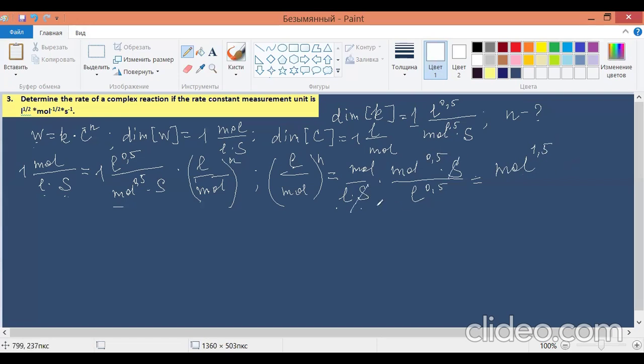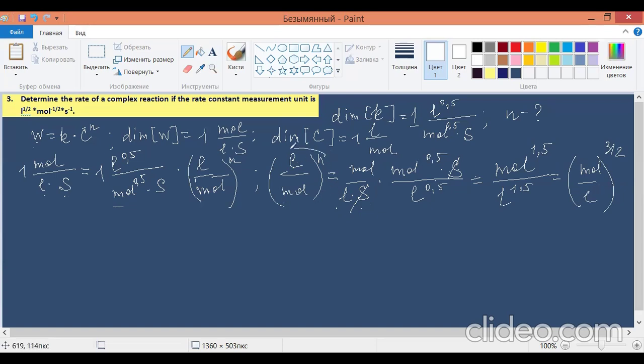S in the numerator and S in the denominator cancel each other. And in the denominator, we've got L raised to 1.5. In other words, we can write that it's equal to L over mole raised to 3 halves, right?